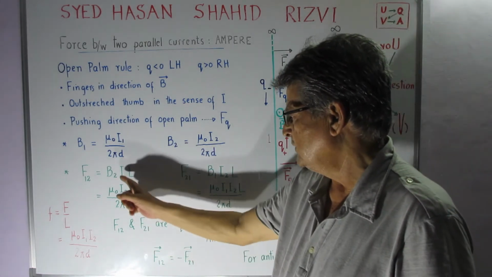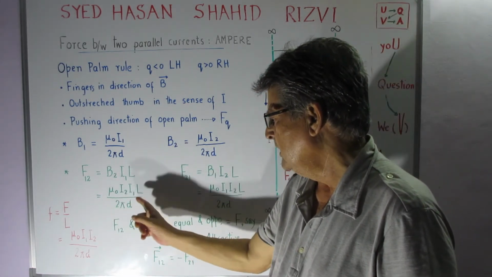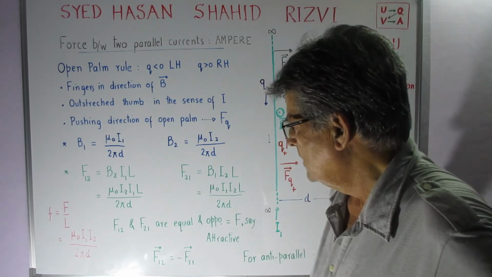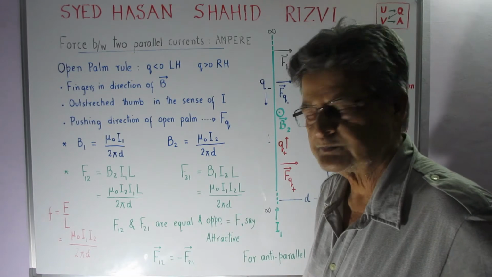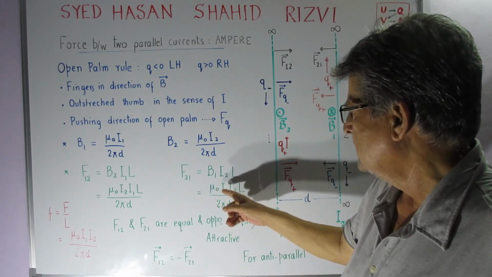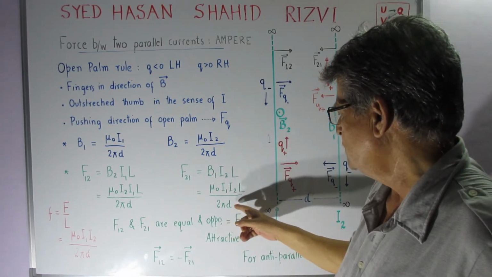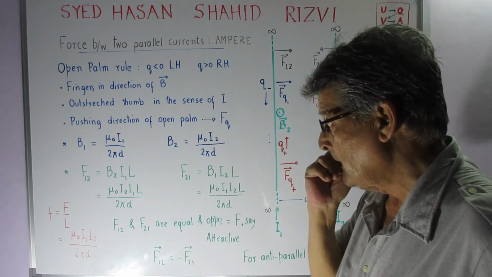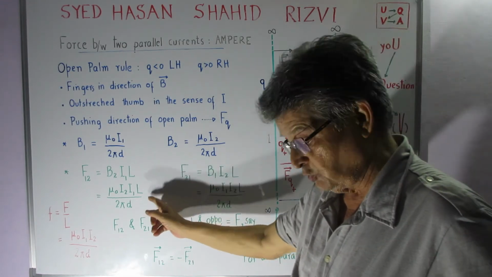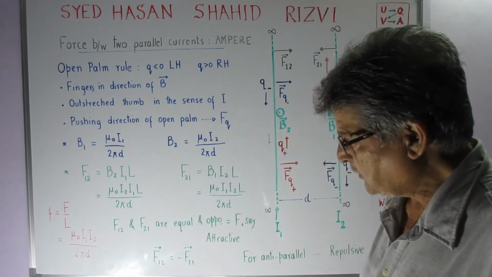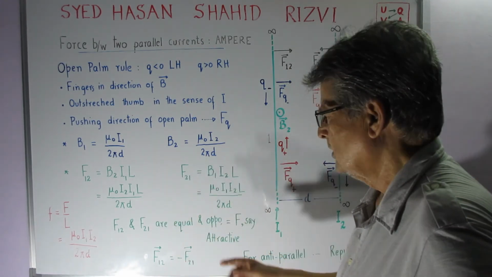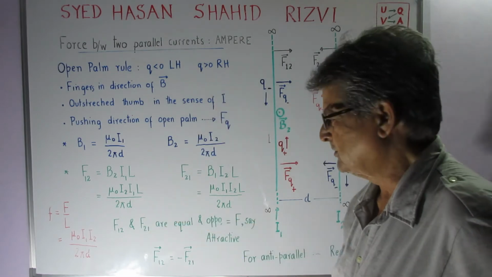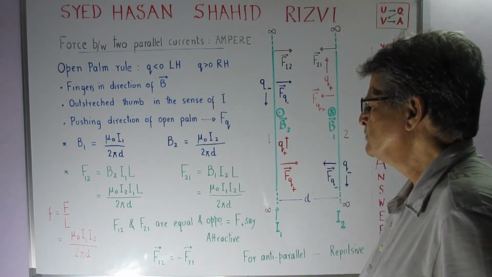Substituting B2 here, mu naught I2 into I1 into L upon 2 pi d, and here mu naught I1 upon 2 pi d into I2 into L. Now look into these two expressions. They give the same results. The only thing is I1 and I2 are shifted, it doesn't matter.